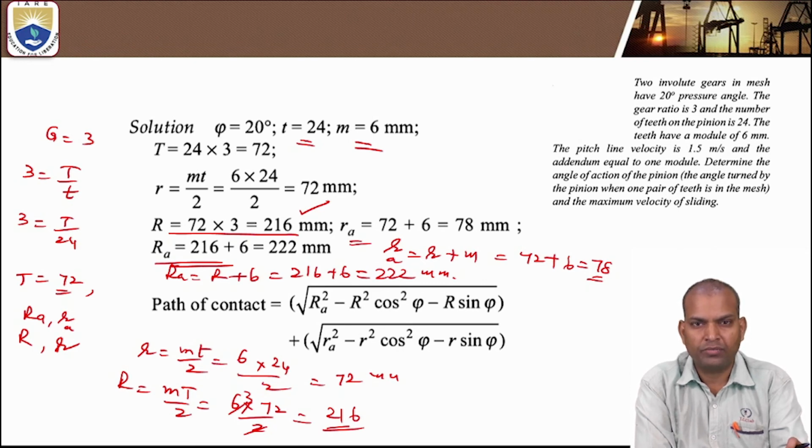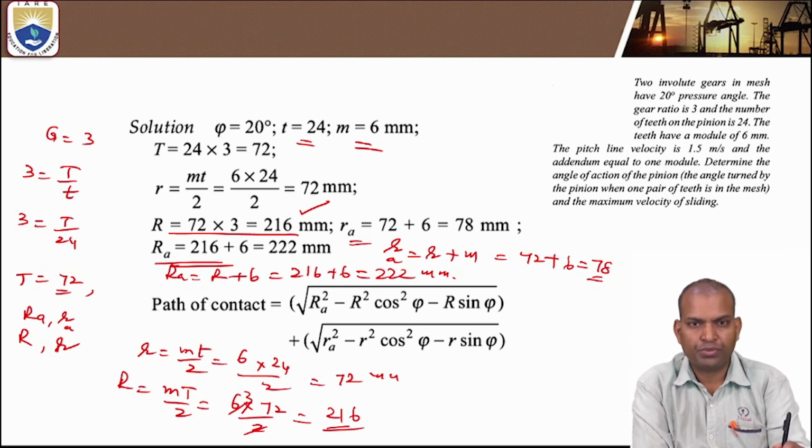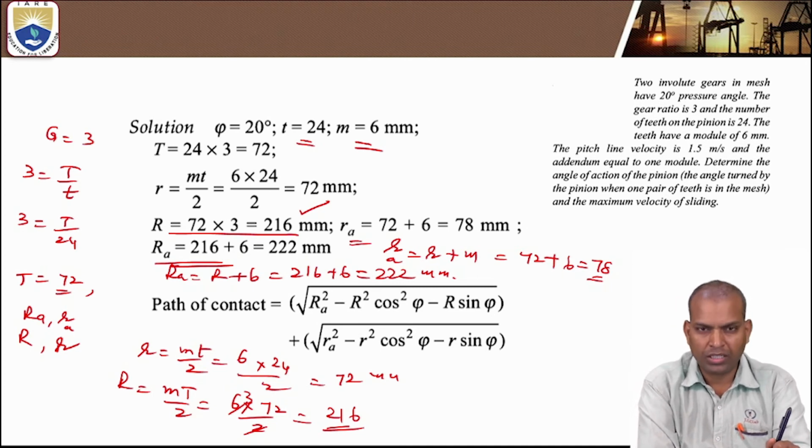The addendum radius and pitch circle radii of both gear and pinion values are known now. After knowing them, substitute in the formula of path of contact.